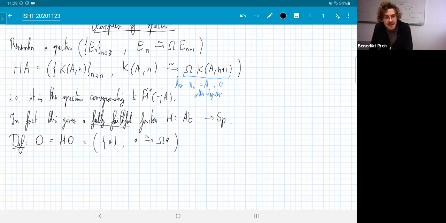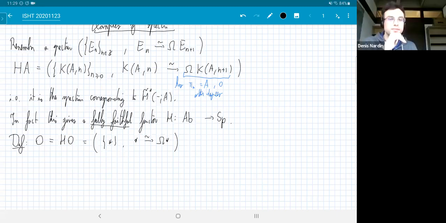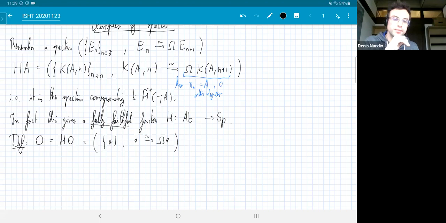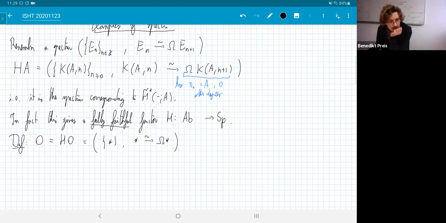Question: does this embed fully faithfully into the infinity category of spectra, or like the homotopy category? No, in the infinity category of spectra. Oh, okay, you are confused because the mapping spectrum will have negative homotopy groups, but this doesn't involve a fully faithful embedding. Okay, thanks.